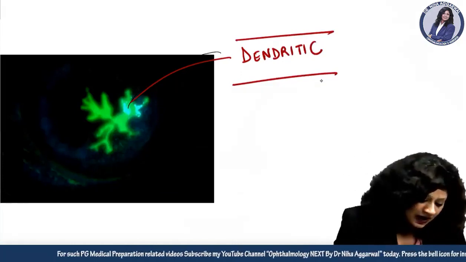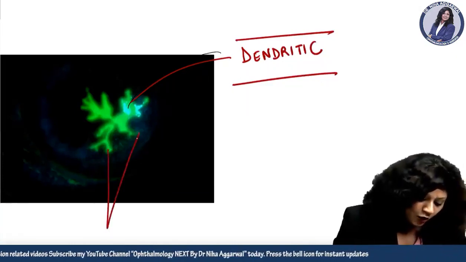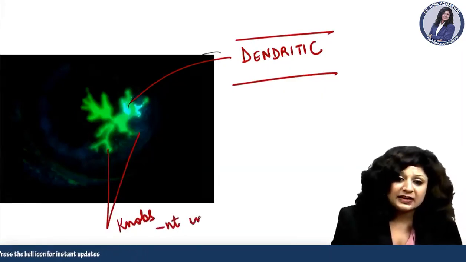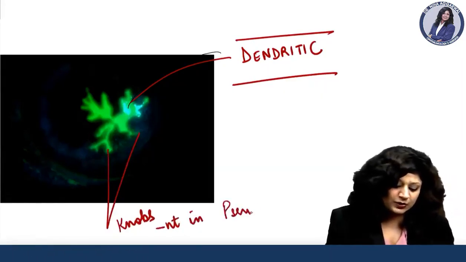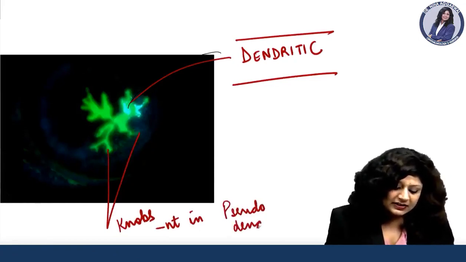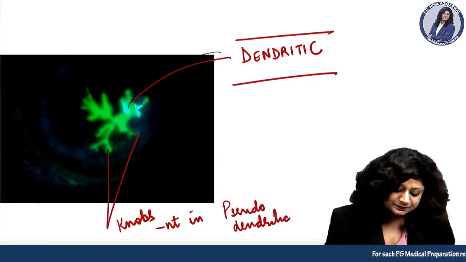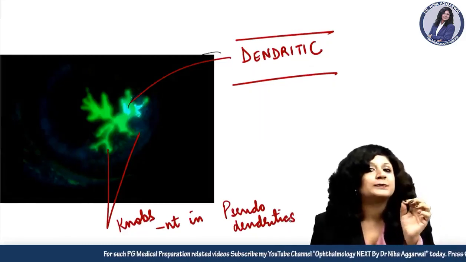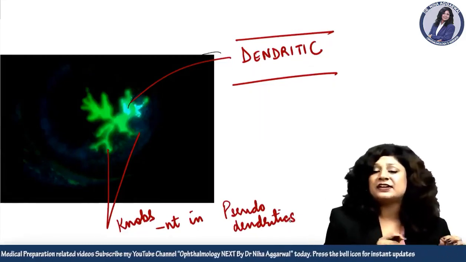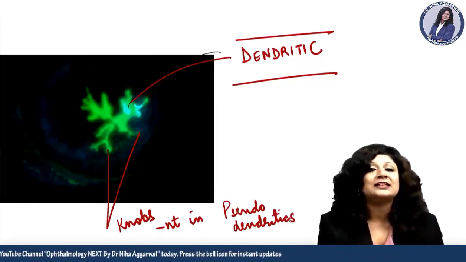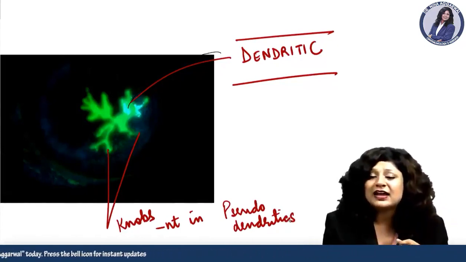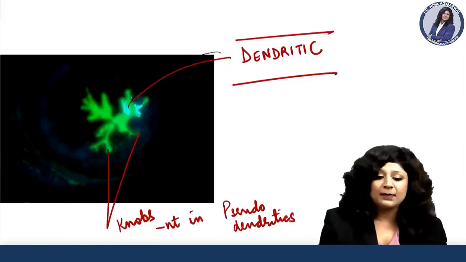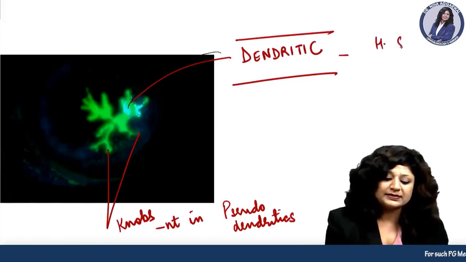Now, knobs are very important because they are absent in cases of pseudodendrites. When I say that this ulcer is not having true dendrites, it is pseudodendritic, that means knobs are actually absent. This is very diagnostic of a dendritic ulcer, which will have the tree-like arborizing pattern along with the knobs, which is a hallmark feature of herpes simplex.